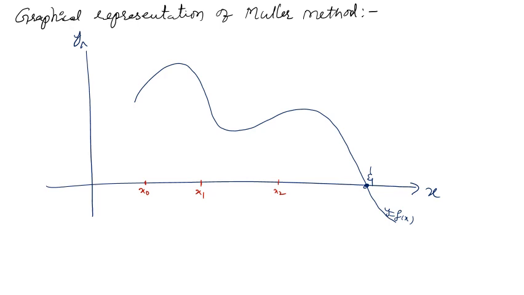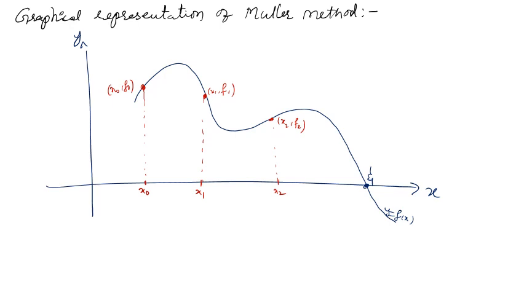At x0 the point on the curve is x0 comma f of x0, at x1 it is x1 comma f1, and at x2 it is x2 comma f2.